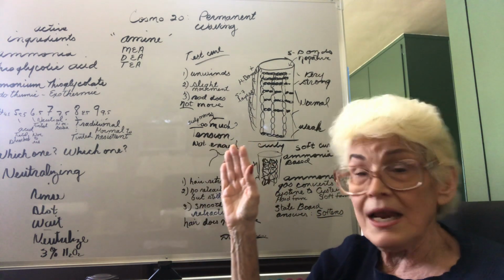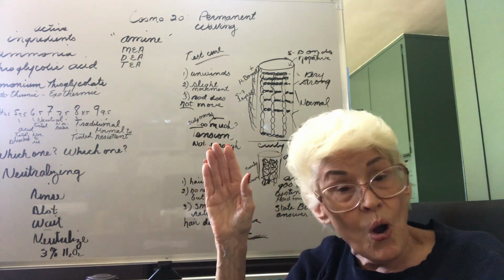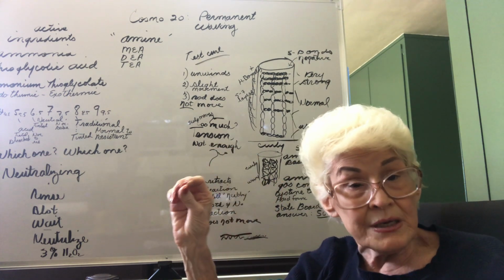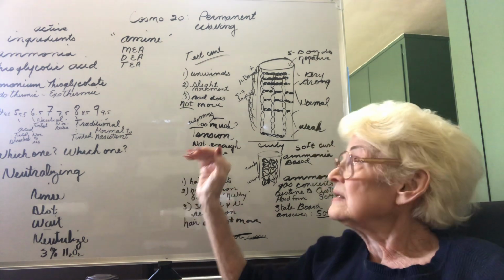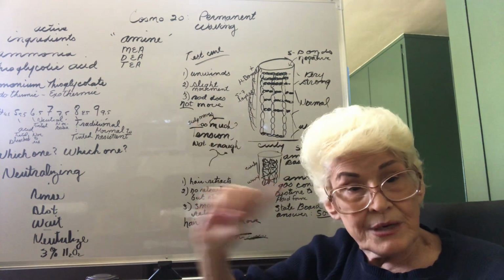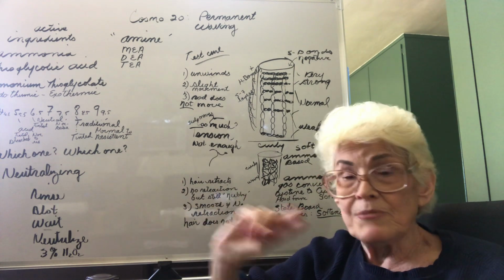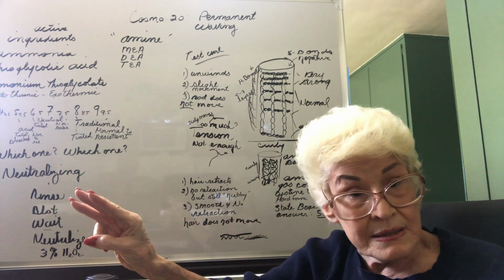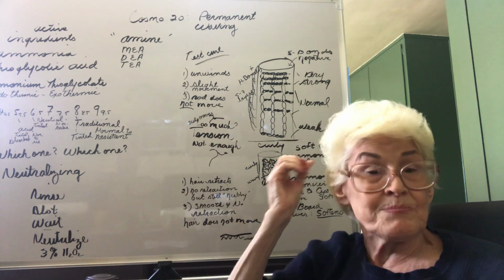And your styling gels are so important on your chemically treated hair. Read the ingredients. DEA, MEA, TEA will take a straightener and take the hair out. It will remove the curl from a permanent. It will remove the color from your hair coloring. It will cause breakage in bleached hair.